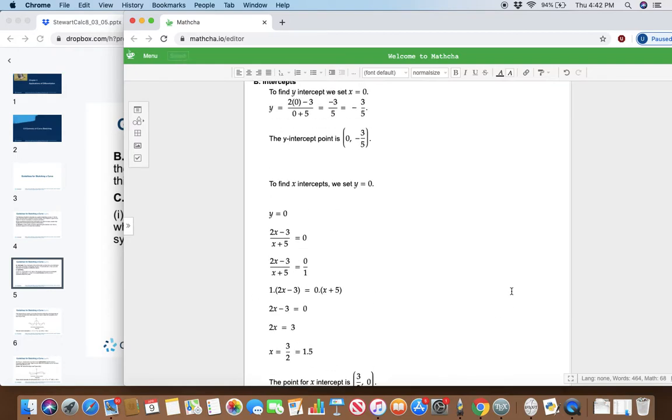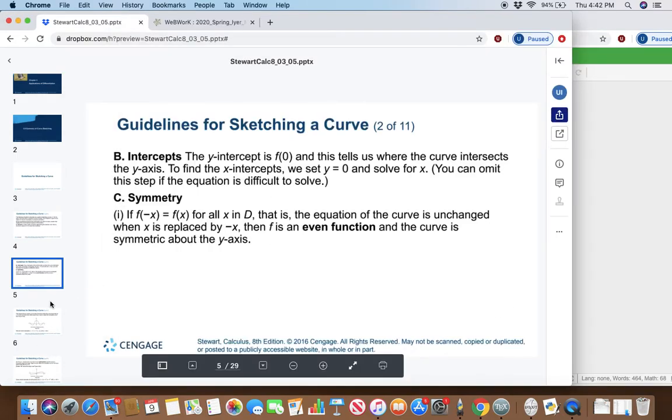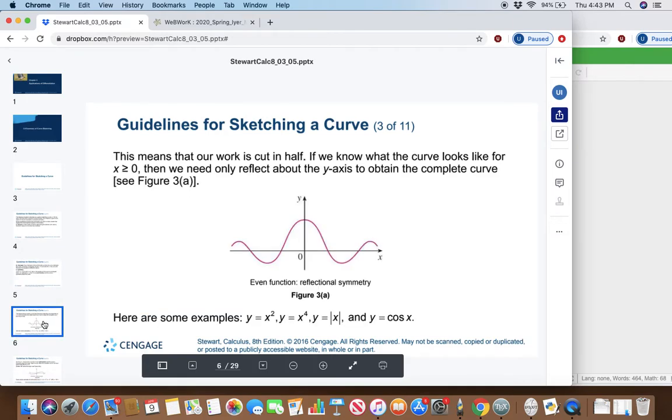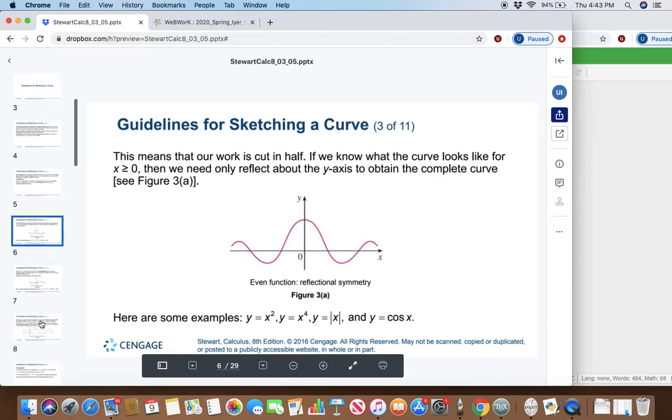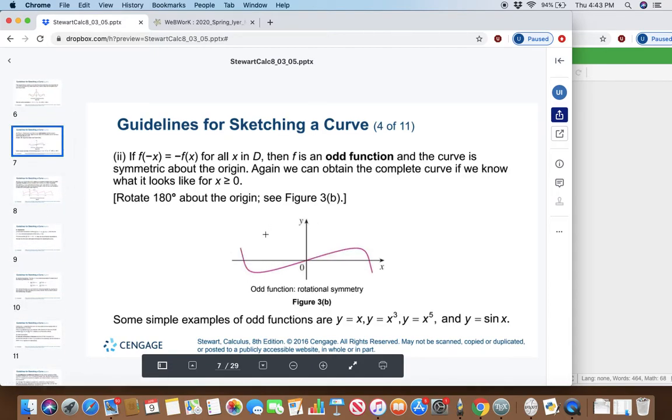Now, the next item here is symmetry. Symmetry appears in three fashions. One is for an even function, which is symmetric about the y-axis. The other is for an odd function, which is symmetric about the origin.